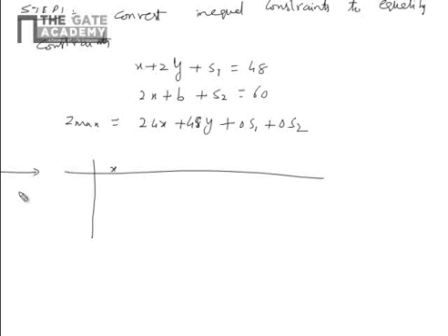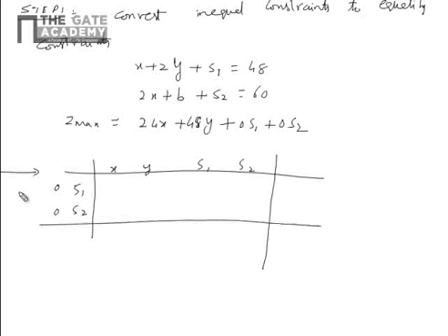These are all the variables in the objective function. What are the variables in the objective function? And here is the initial solution, s1 and s2. What you need to do, to get the initial solution, is substitute x equal to 0, y equal to 0.